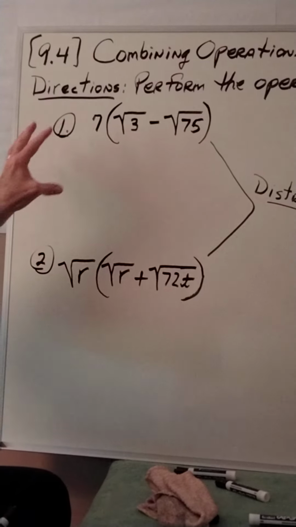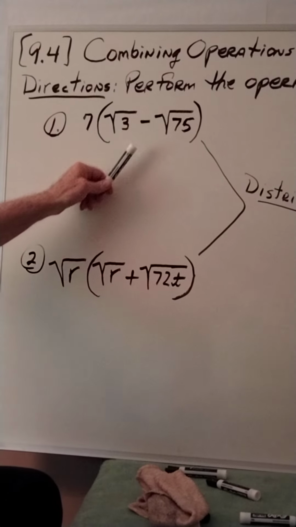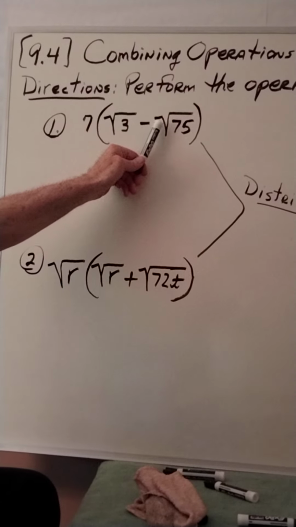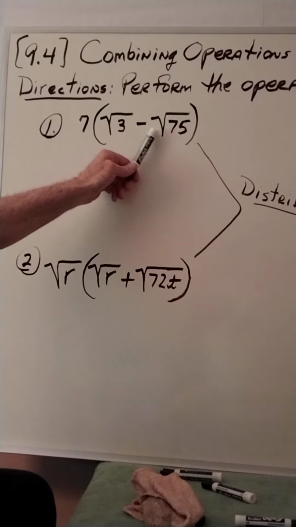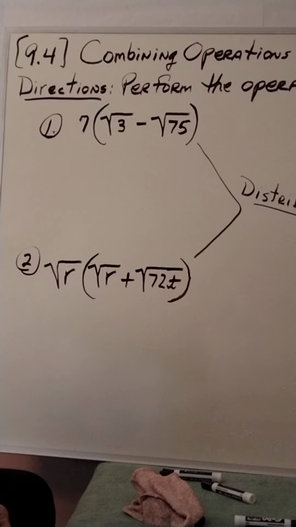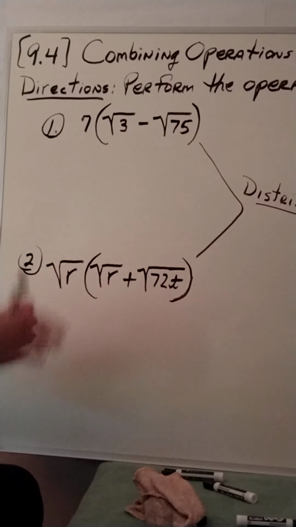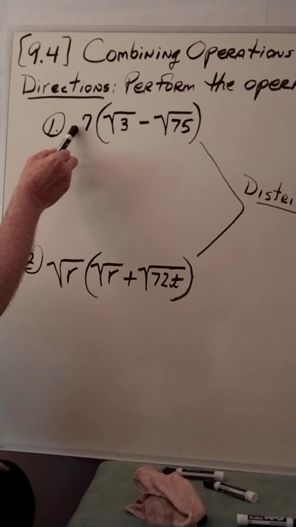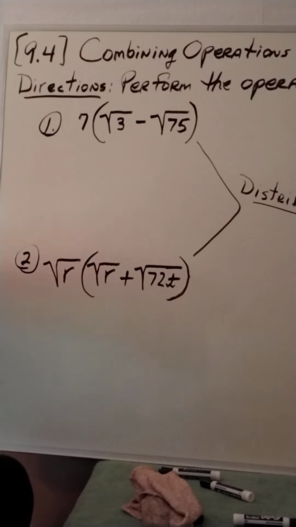Now, before we just jump right into the distributive property, one could take this radical of 75 and simplify it first. But I don't believe I would do that in this case, because the distributor on the outside is not a radical, it's just a real number.